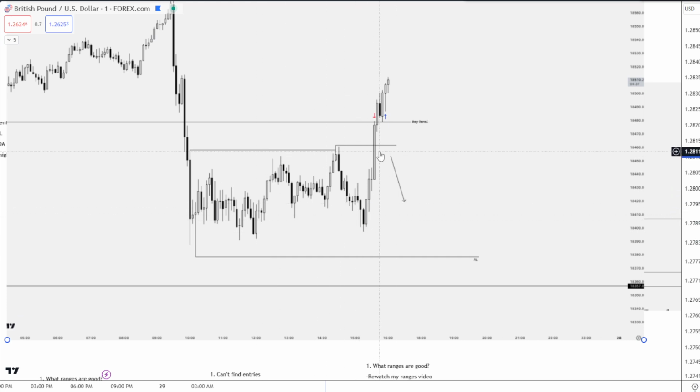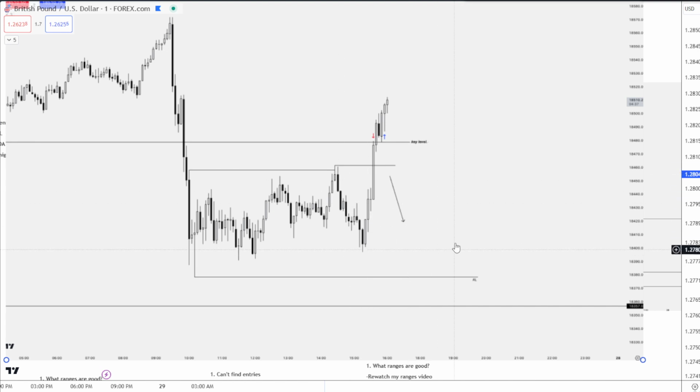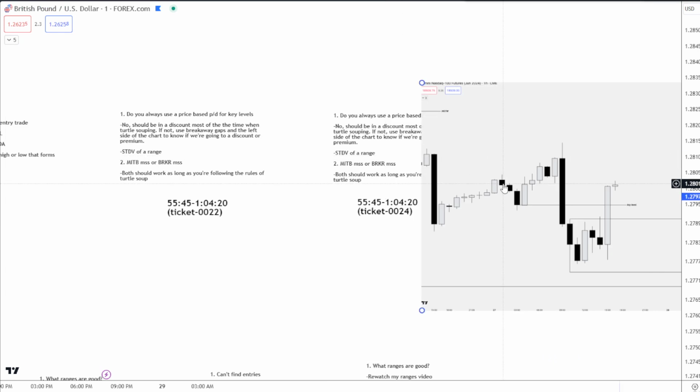And then expand, create the high in here, right? Which isn't good for turtle soup, right? Because then an expansion down wouldn't make sense if you're using open, low, high, close, right? So I don't know the exact time, but it doesn't look like time aligned with that, right?